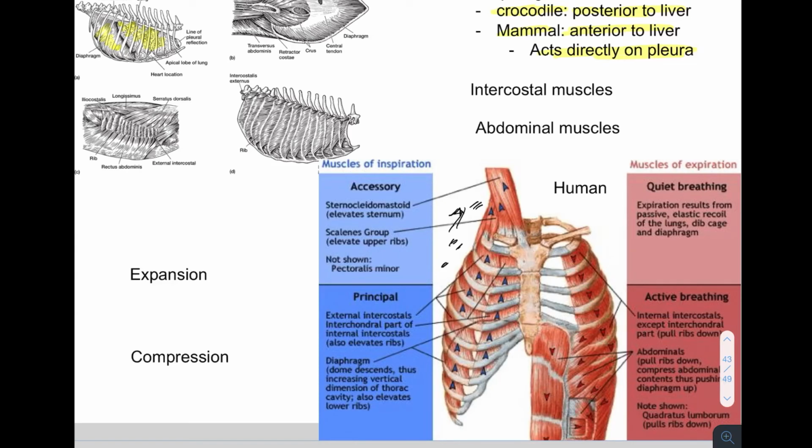And on the right side, the arrows that point downwards are the ones that make the thoracic cavity smaller. And this would bring the ribs closer to each other and closer to the midline. They would bring your clavicle downwards.